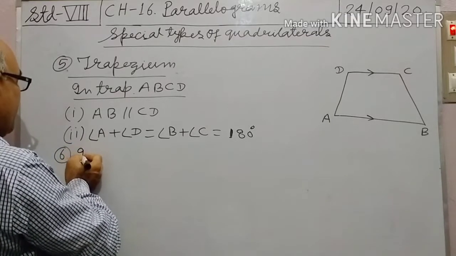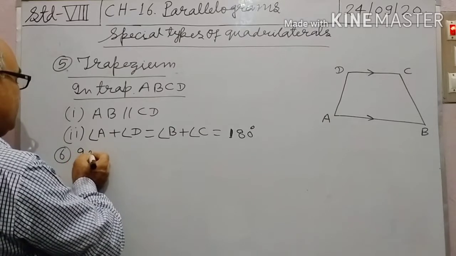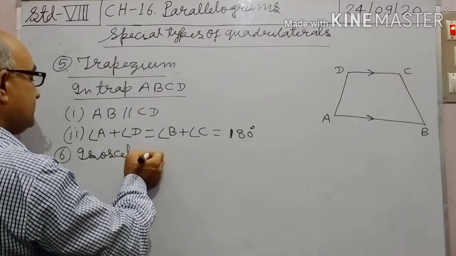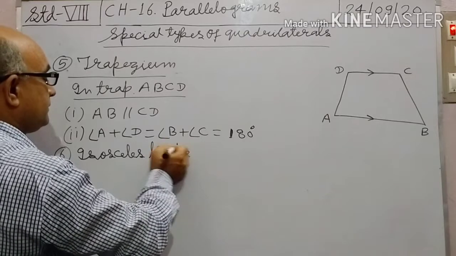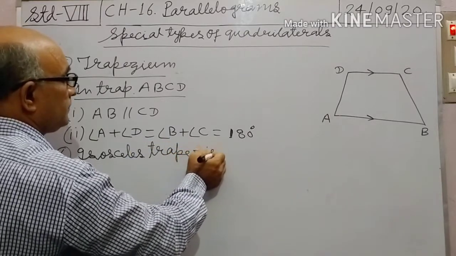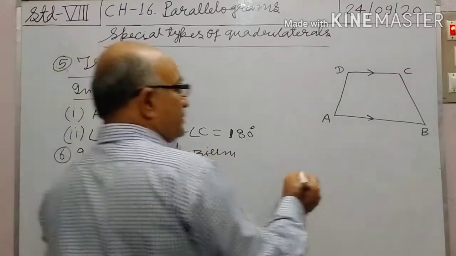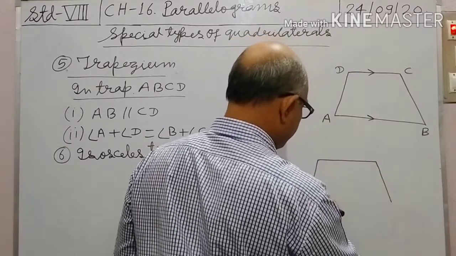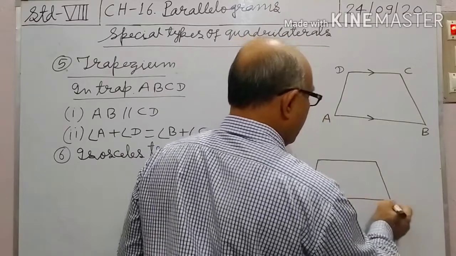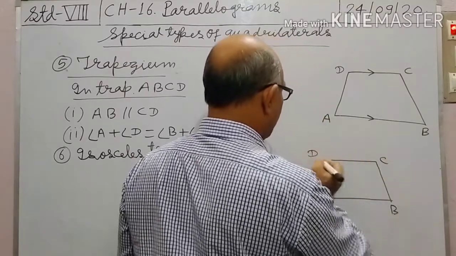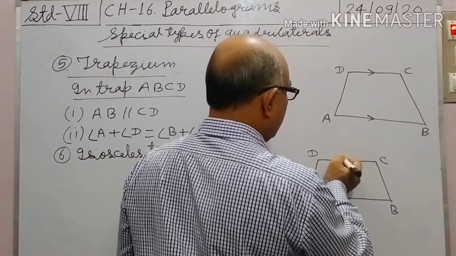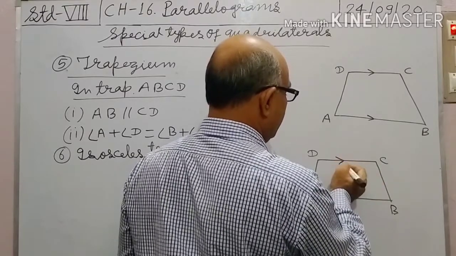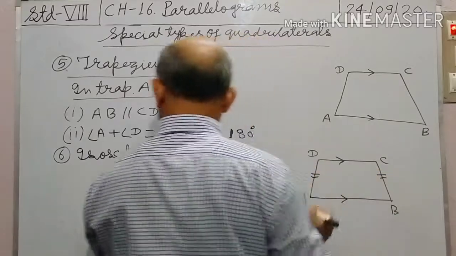And sixth is the isosceles trapezium. An isosceles trapezium ABCD has AB parallel CD and BC equal to DA.